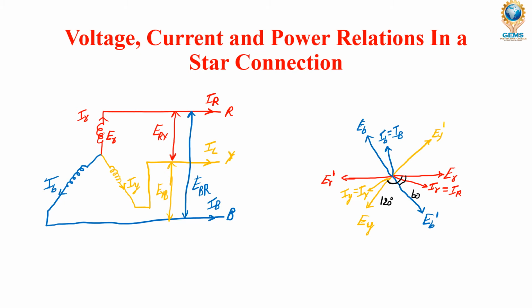From here to here, this 120 is split into half, this is 60. From here to here, this is 60. Total 120, half is 60 degrees.